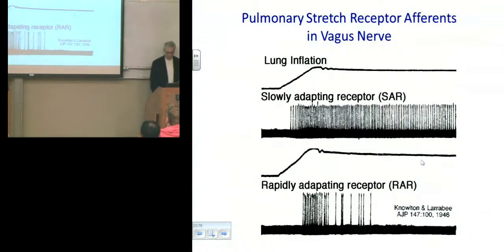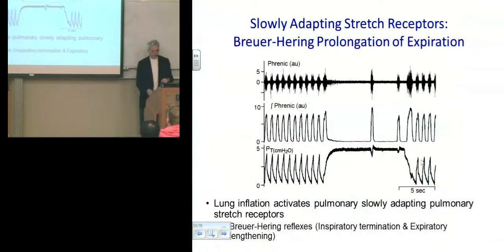So electrophysiologically, they're different. And activating the slowly adapting stretch receptors produces the Breuer-Hering or the Hering-Breuer reflex and terminates an ongoing inspiration. What's on the bottom here is just lung inflation, so the pressure used to inflate the lungs.